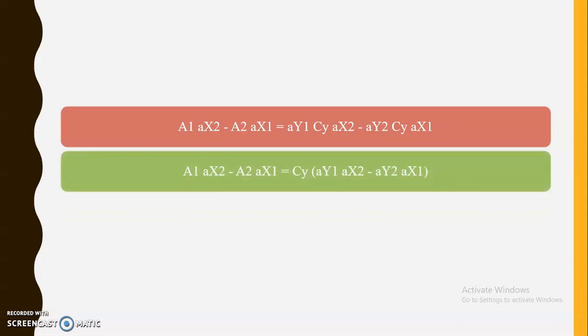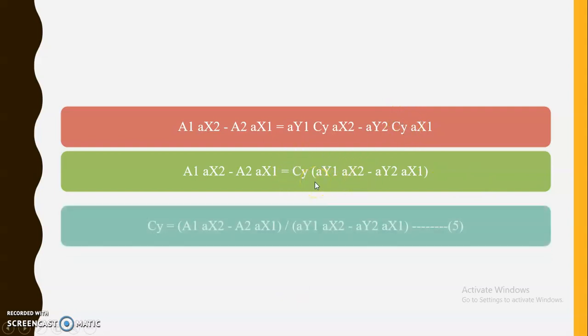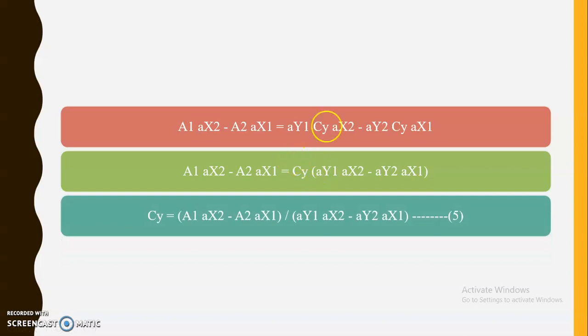Now on simplification, Cy is common, so we will take it as common and write down this particular equation. For that purpose, Cy is equal to, this particular value we will take on this side, so it becomes A1 Ax2 minus A2 Ax1 divided by Ay1 Ax2 minus Ay2 Ax1.